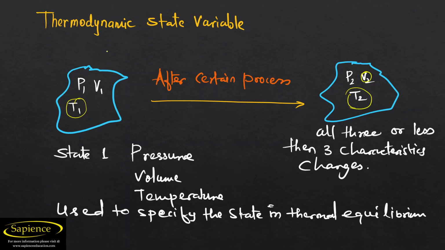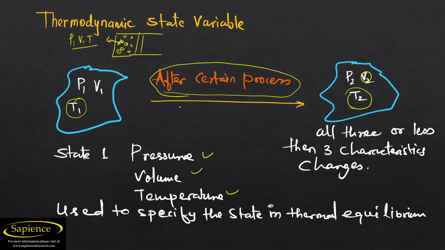So how will we define the characteristics of the system? This is a system, and it has a gas inside it. So what is the condition of this gas? We will always be able to find out the condition of the gas by pressure, volume, and temperature. So these three things are required to define the state of the system. After a certain process, like heating or work done on the system, its pressure, volume, and temperature may change.